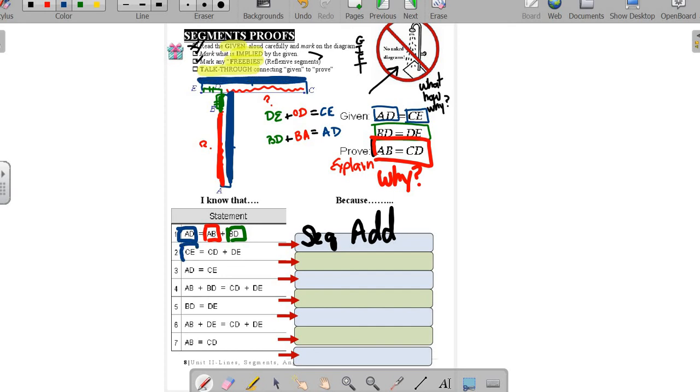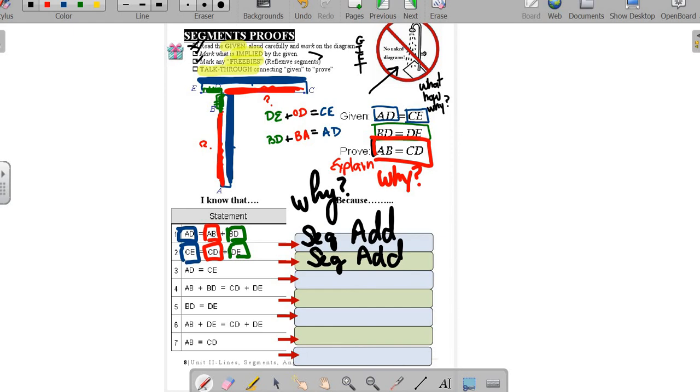That's blue. Equals CD plus DE. That's green. That's little segments add up to big segments. That's called segment addition. Why is that true? We're answering the question, why?